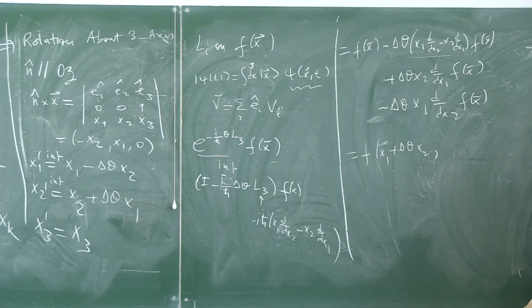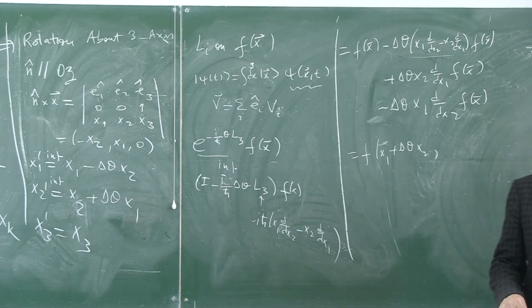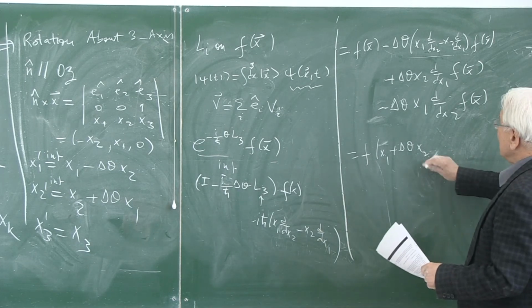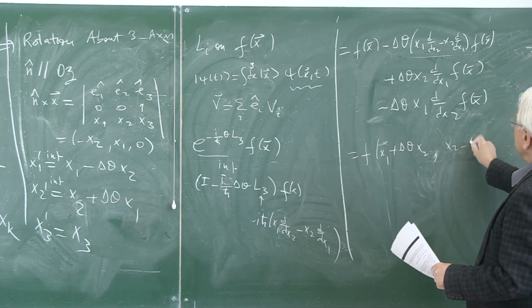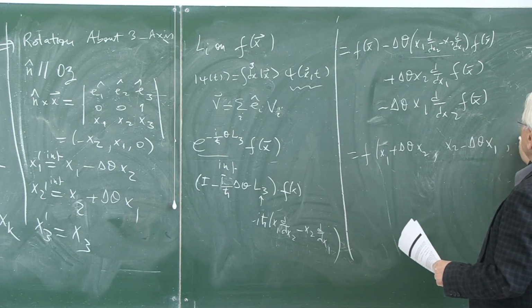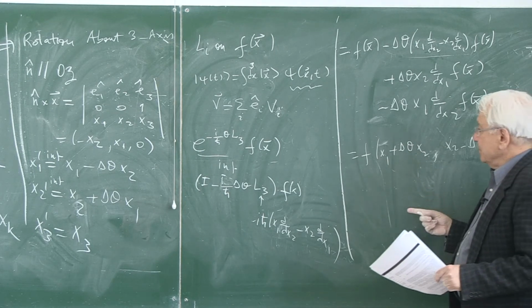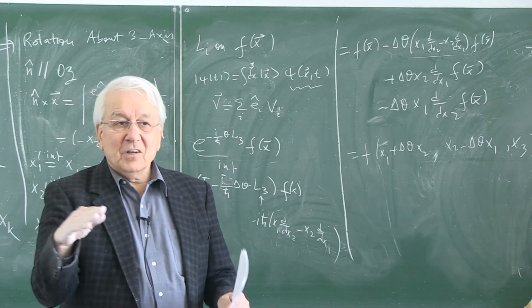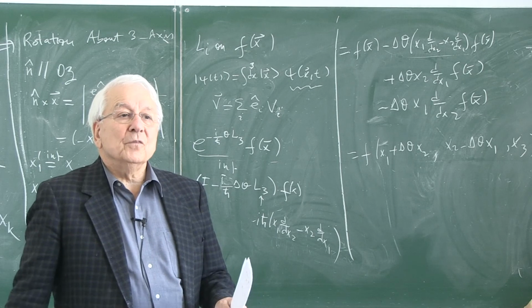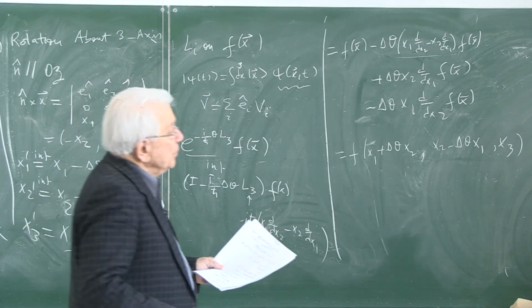When I was acting on the position operator eigenvectors, what I was doing was changing the basis vectors. Now I'm changing the vector itself. It may sound puzzling at first, but anyway, it's not. For those careful eyes, x1 prime, x2 prime. Remember, the signs are opposite, because in one case I was changing the basis vectors, and I'm changing the position vectors now. It may be a little confusing, so that's all I would like to comment upon.